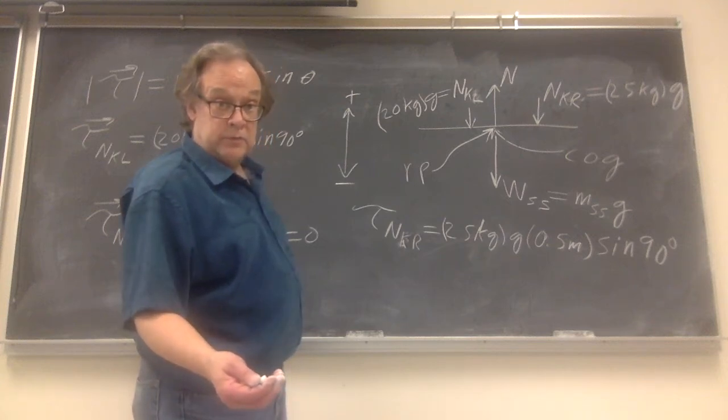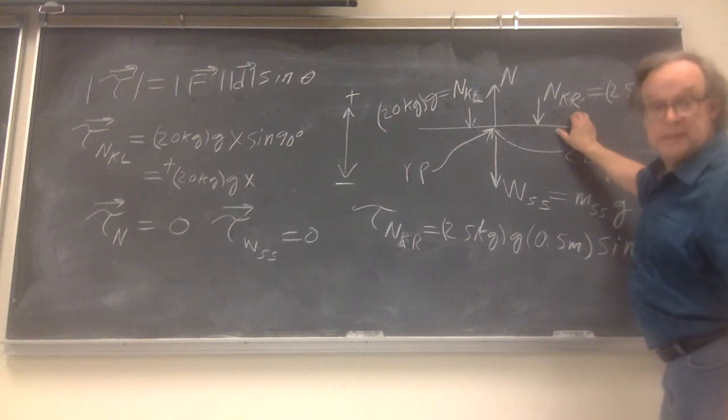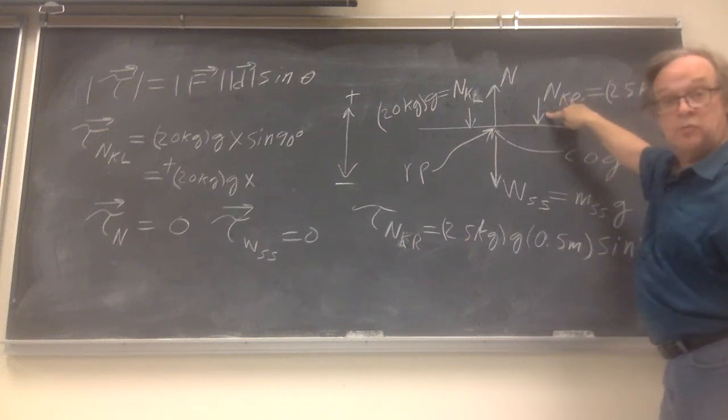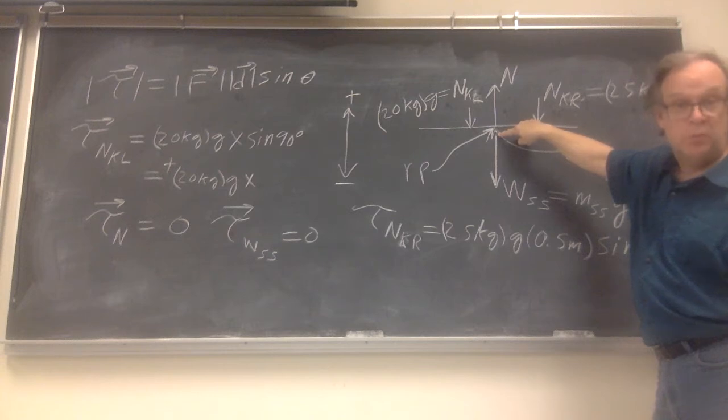Positive or negative? Well, can't ever forget the signs. If this force were pushing strong enough to make the seesaw start to rotate, and remember, you're always imagining what rotations would look like if the rotation axis were right here at the pivot point or reference point, whatever you want to call it.